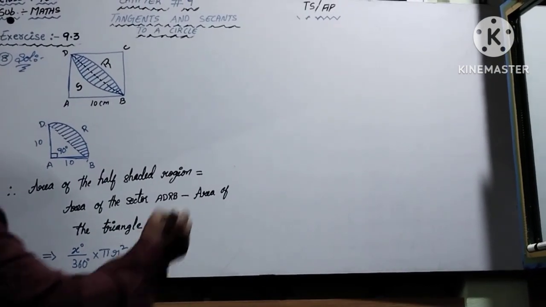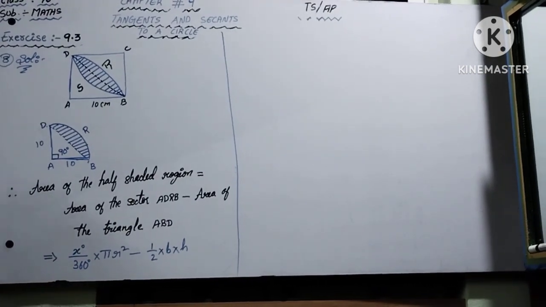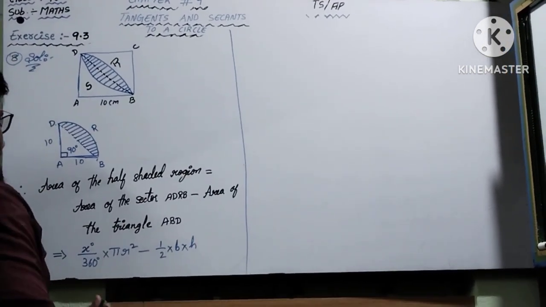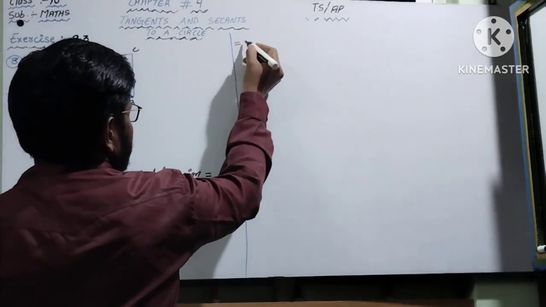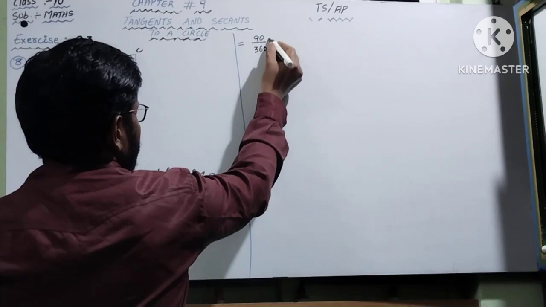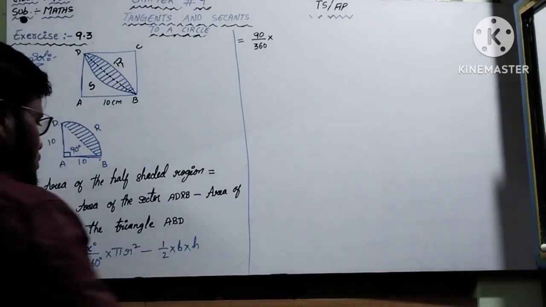The next step. What is the x degree value? Perpendicular means 90 degrees. So 90 degrees divided by 360 degrees, into pi. Is the pi value given in the textbook or not? 3.14.